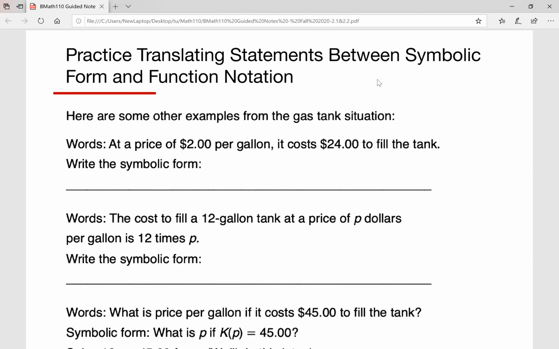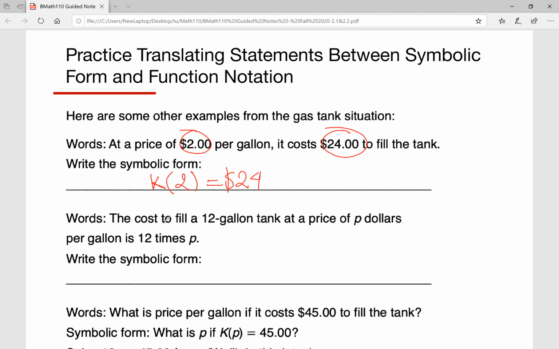The words say at the price of $2 per gallon, it costs $24 to fill the tank. So I'm gonna write the symbolic form as K of, now input becomes 2, right? So K(2) equal to, now output, what is that? $24. Okay, because K is a function of the cost to fill the tank.